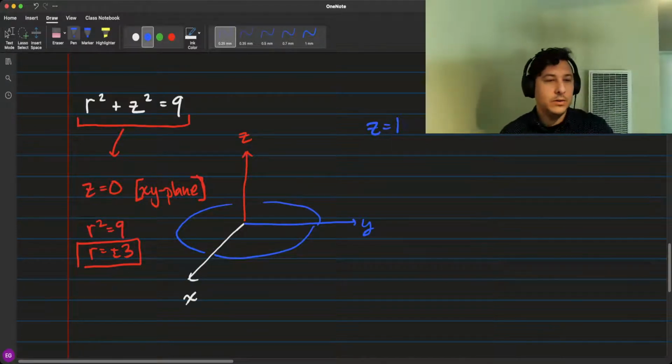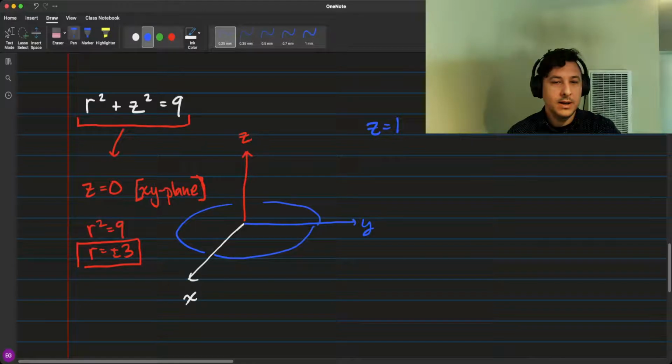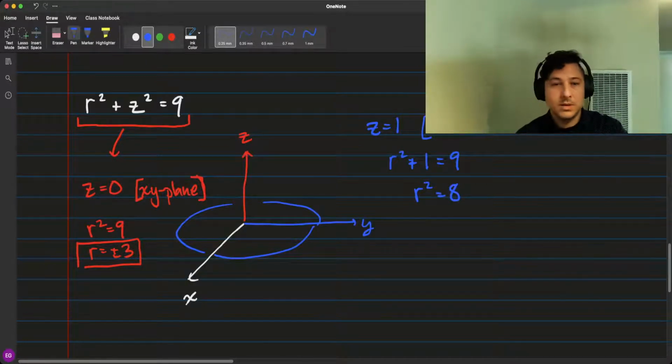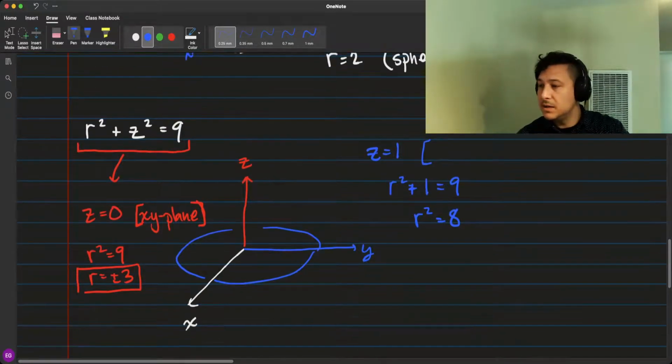So if you set z equals 1, you're going to get r squared plus 1 equals 9. But where am I going to graph this thing? That's r squared equals 8. So where will that graph take place?